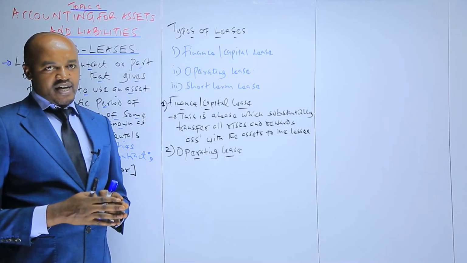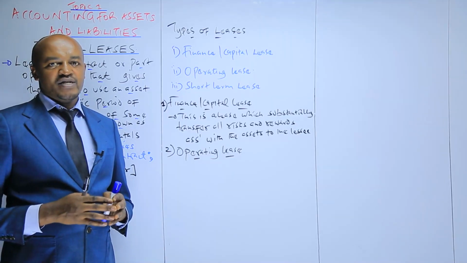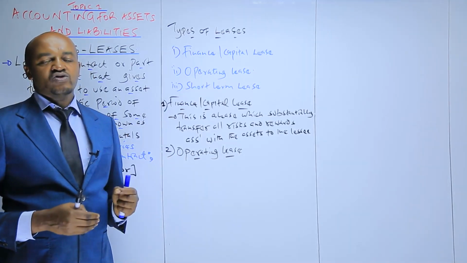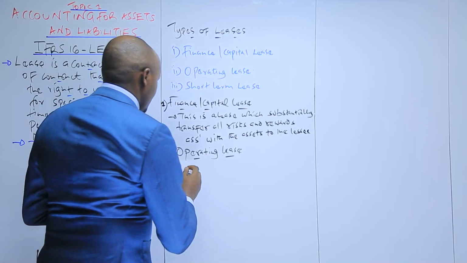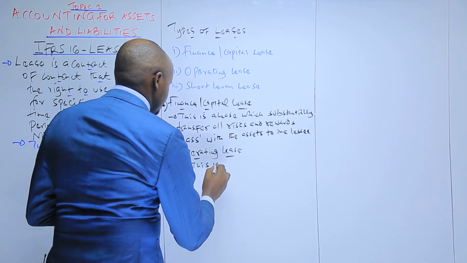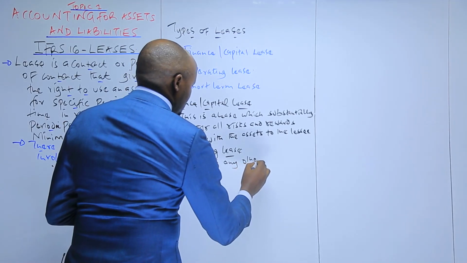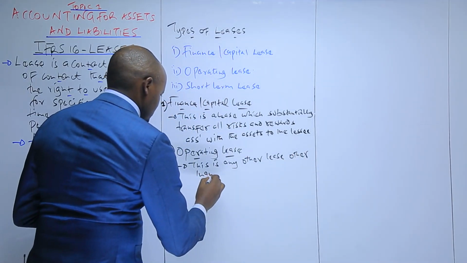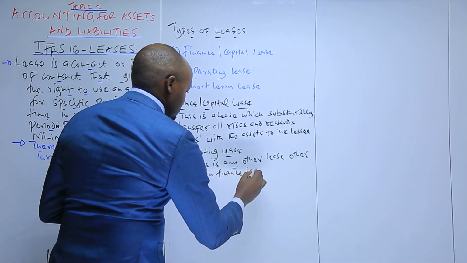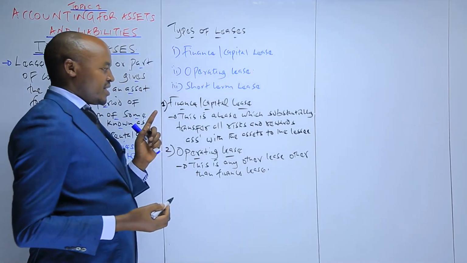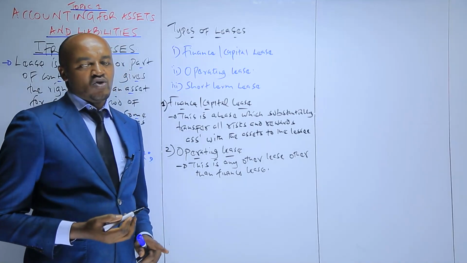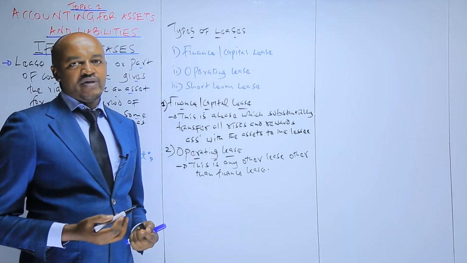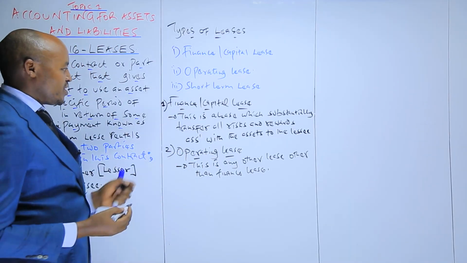In other words, under the finance or capital lease, the reward and also the risk associated with the asset are transferred to the lessee, but under an operating lease, they are not. So this is any other lease other than the finance or capital lease, and therefore the risk and also the rewards associated with the asset are not transferred to the lessee.